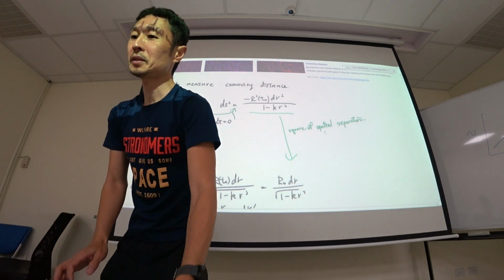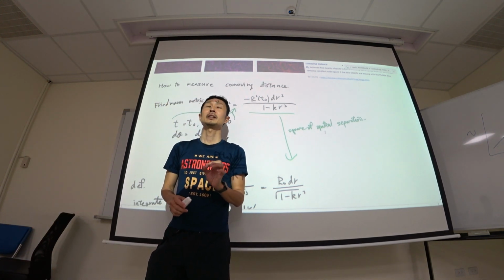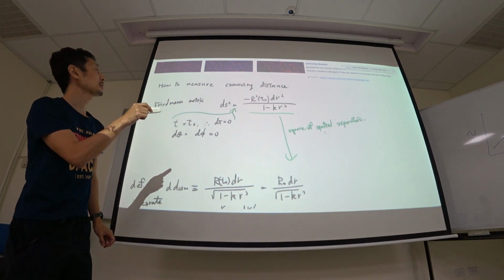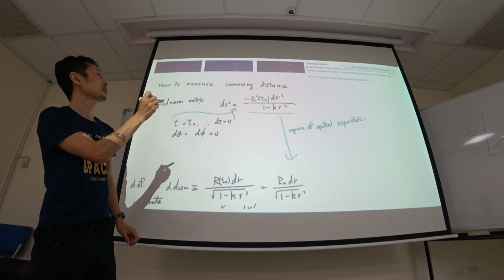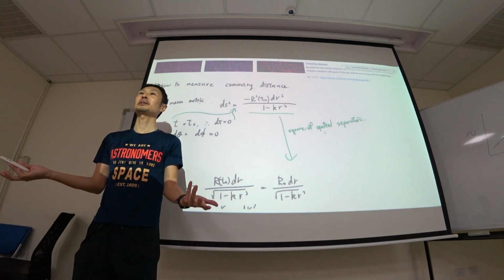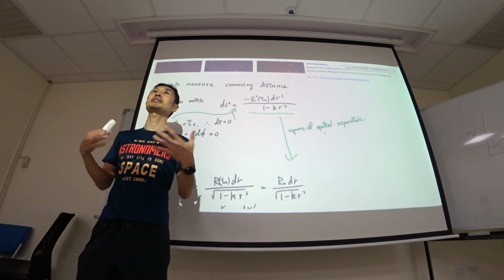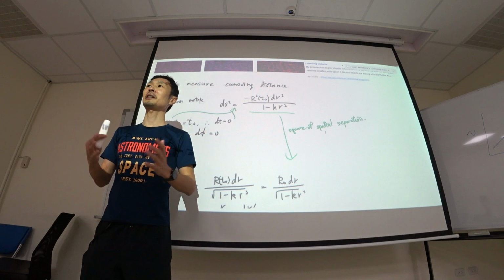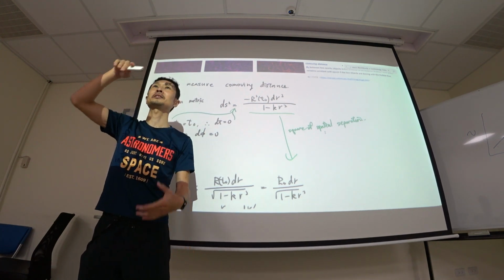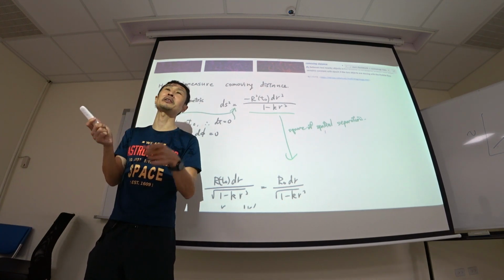So you remember the Friedman-Robertson-Walker metric, then you remember we have the scale factor, and then this curvature, and then theta and phi. But because of the cosmological principle, on a very large scale the universe is the same in this direction and this direction. That's homogeneous and isotropic, and it doesn't depend on the angle.